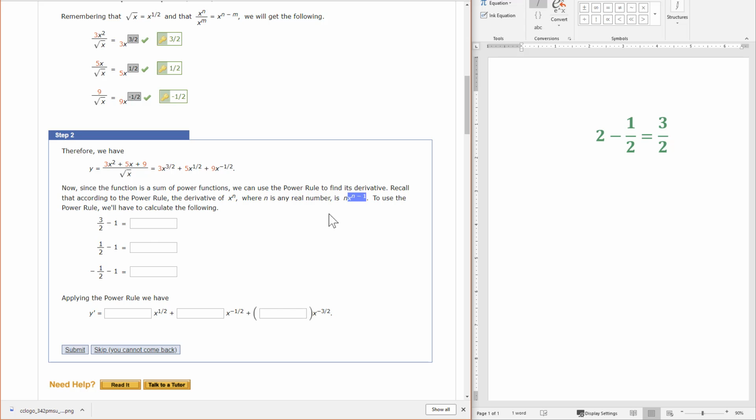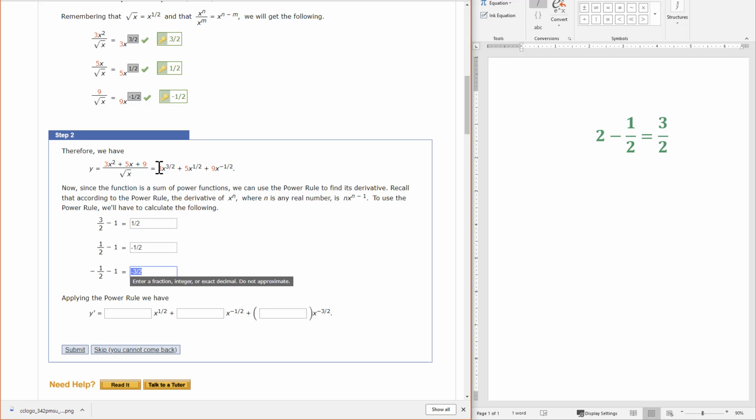So we're going to need to compute some n minus 1s. So our first term has x to the 3/2, so 3/2 minus 1, that's 3 minus 2 over 2. It's going to be 1/2. And here we get negative 1/2. And then for the last one, we have negative 1/2 minus 1, that's negative 3/2. So applying the power rule, these are going to be the new powers.